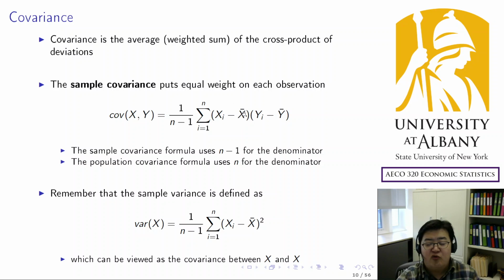We have to calculate the average of x and average of y first, and then calculate their deviations, deviation of x, deviation of y, and then multiply them. Instead of taking the square, we multiply those two deviations and then take the average. So the steps are pretty similar to the variance formula.